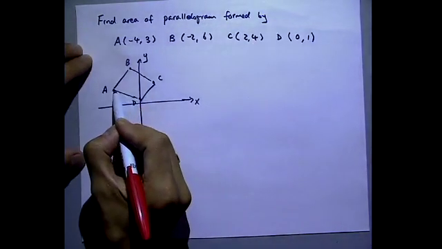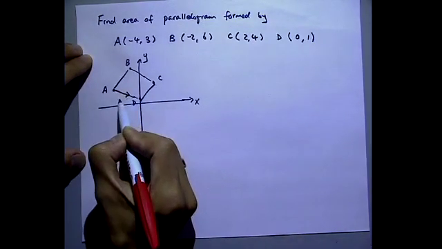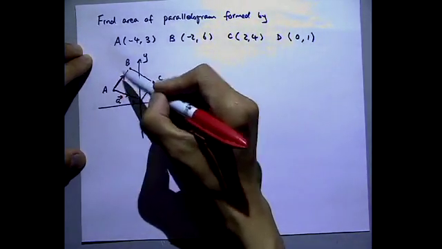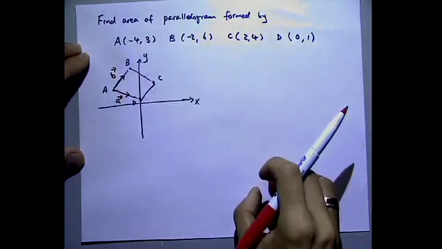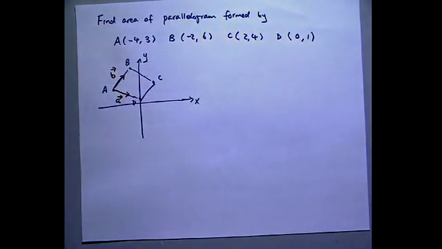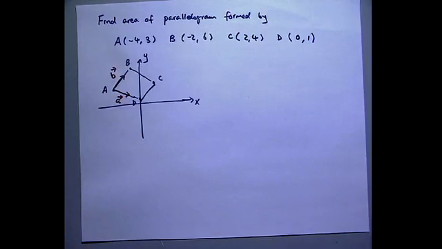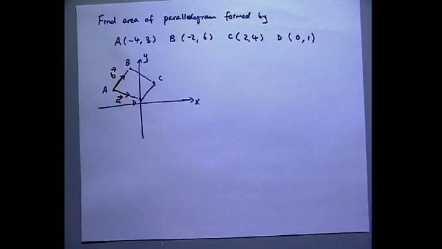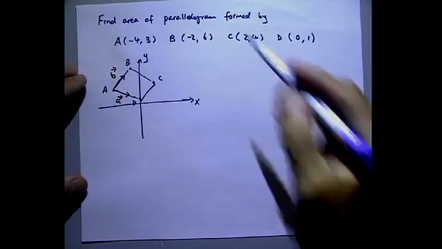But what I can do is find a vector here, call that A, find a vector here, call that B. You can choose to work with any corner. I happen to choose the corner that's determined by the point A, but again, you can use any corner you want.